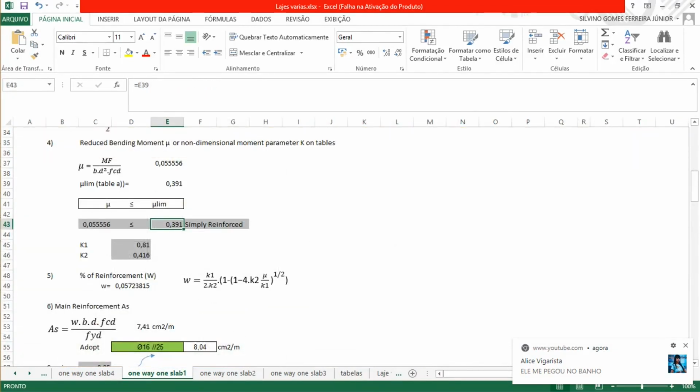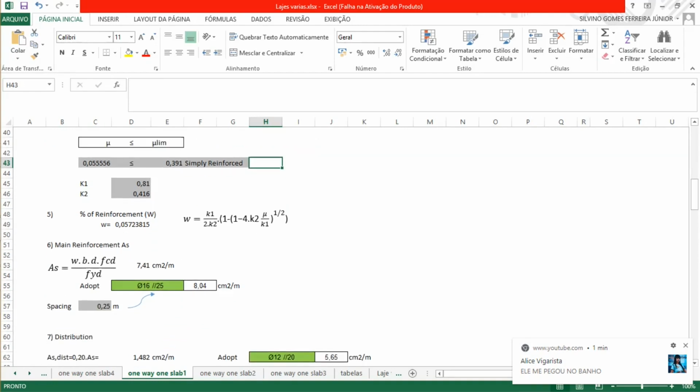That's where it's coming from. It's already calculated the limit of this non-dimensional parameter. So what we calculate has to be minor than this, or equal. And it's checked, so it's simply reinforced.